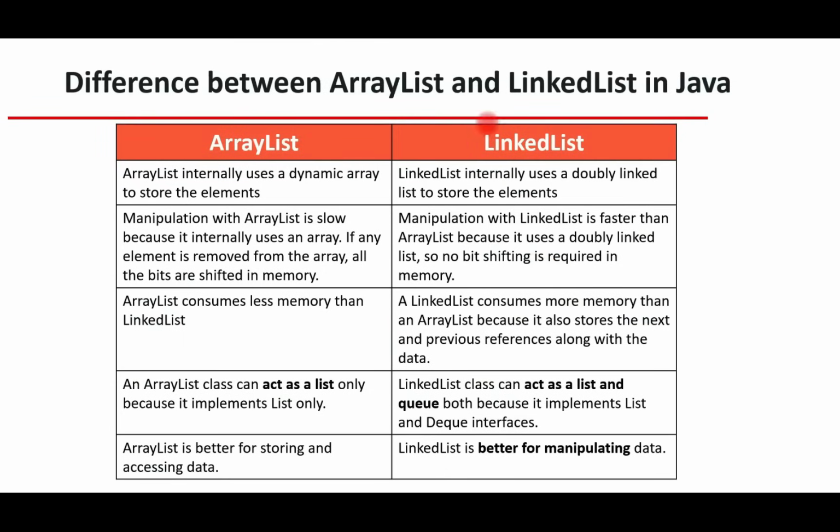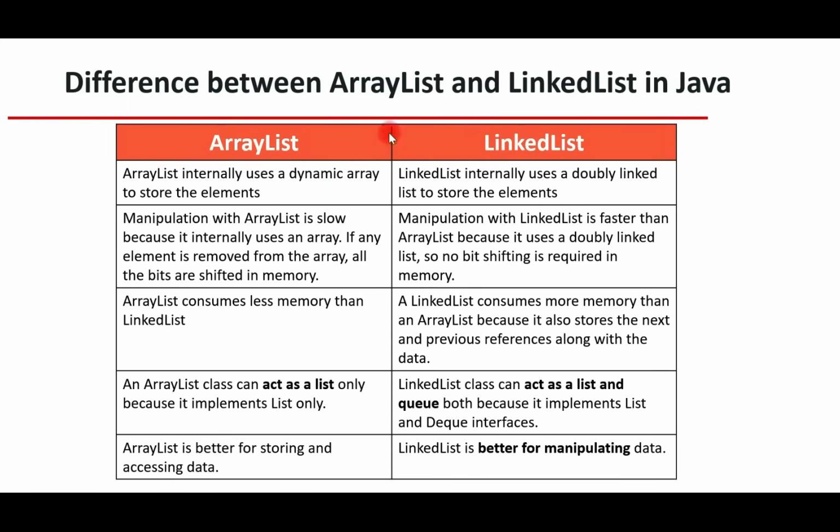Alright guys, these are a few differences between array list and linked list, and there are similarities too. Array list contains duplicate elements and linked list also contains duplicate elements, array list and linked list both maintain the insertion order, and both can contain null values.